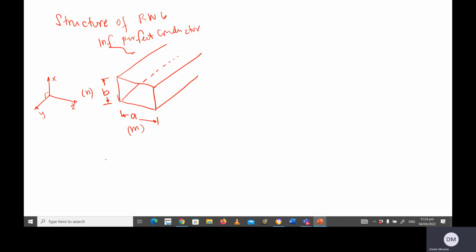And then there are conditions, of course. It is standard that we have to maintain these conditions, or else this benchmark will tell us if the mode is enough, or until when you're going to operate the waveguide in terms of modes. Okay?